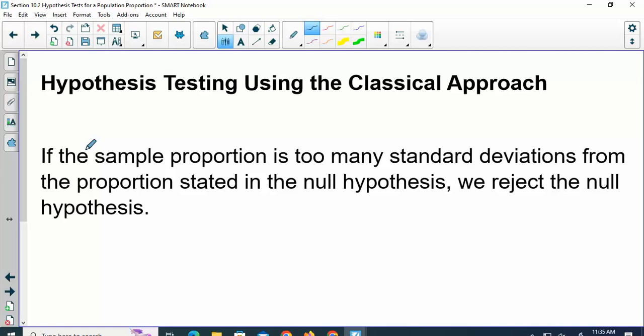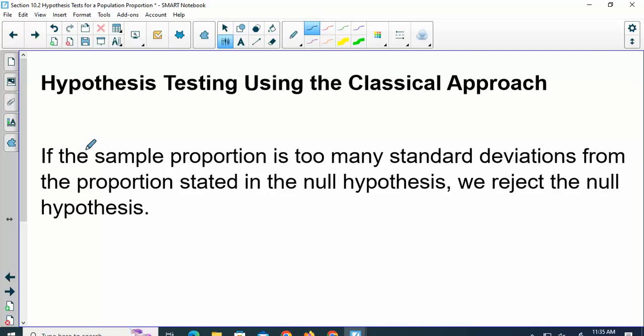When it comes to homework, I think I asked you to do one each way, but after that I'm leaving it up to you to pick your method. We have to be able to do them by hand, but it's up to you whether you like the classical approach or the p-value approach. Personally, I prefer p-value because it's a little more concrete. You're basically finding the probability of something happening.